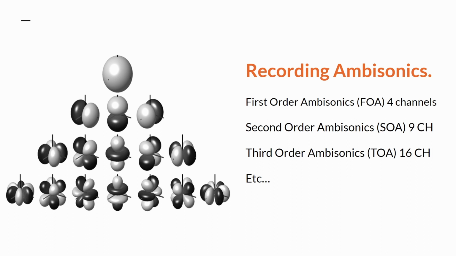Second order ambisonics is 9 channels, and as you can see, it includes everything in the top. So it basically then creates 2 figure of 8 mics in the different planes. One of these, I don't know, what do you call it? A donut and a droplet. I'm sure there's some names for these things, but I'm not that technical. This is pretty esoteric stuff. The bottom line is that every different order of ambisonics has a different number of channels based on this pyramid.